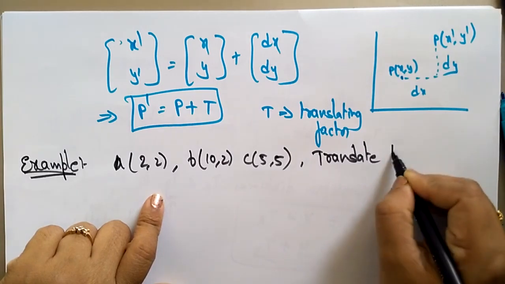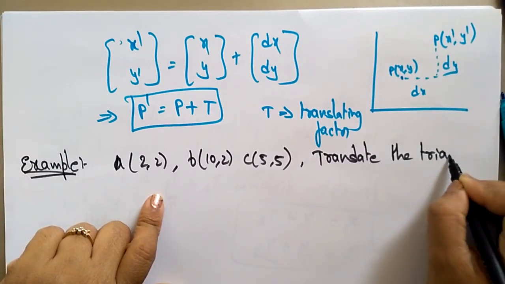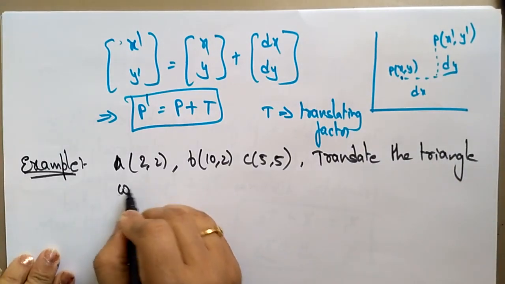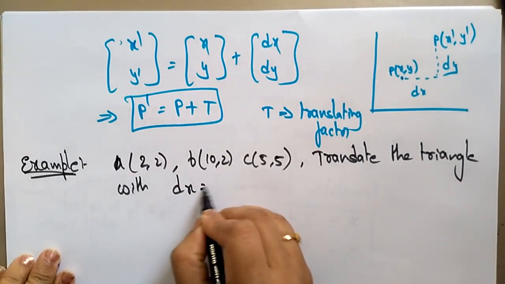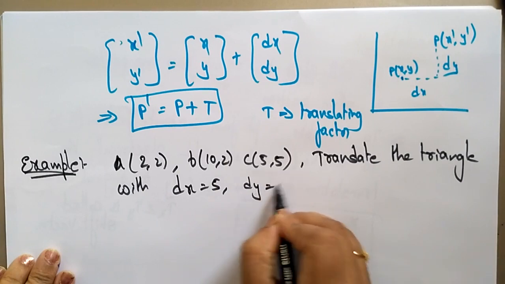Translate the triangle with the shifting vectors, that is dx is equal to 5 and dy is equal to 6.